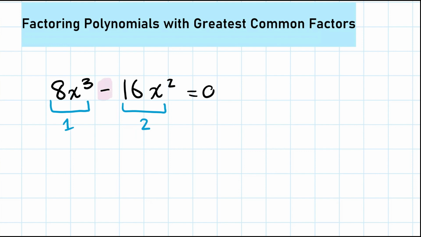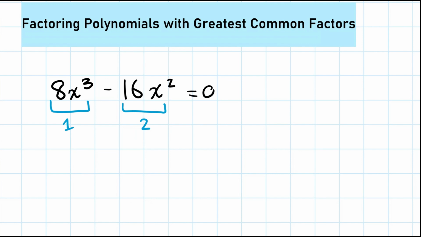So that's how we divided term number 1 and term number 2. When we are looking for greatest common factors, we need to break down what each one of these terms means so that we can find out what's similar about them, right?